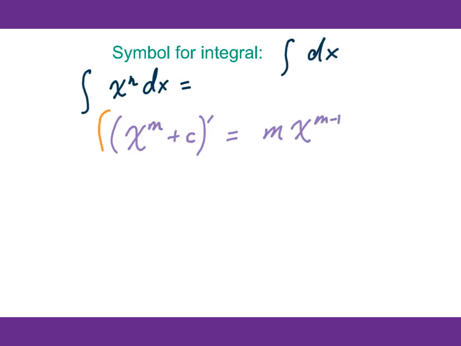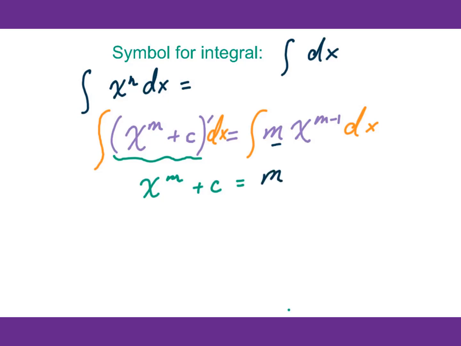Now on both sides I do integral. Since we have the derivative, then integral, you will get x to the m power plus c for the left side. For the right side, this m is a coefficient, so I take it outside. Then integral of x to the m minus 1 power dx.